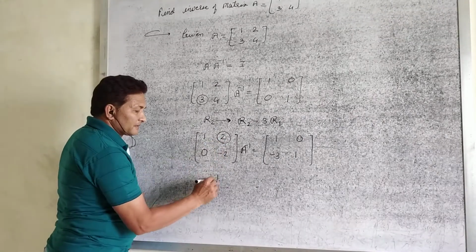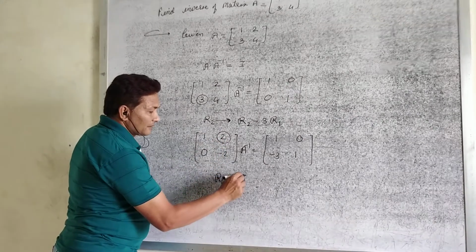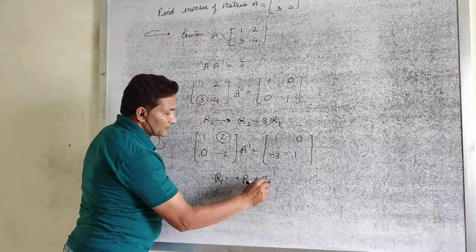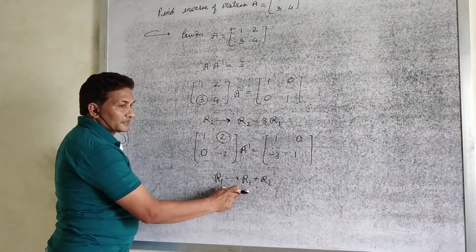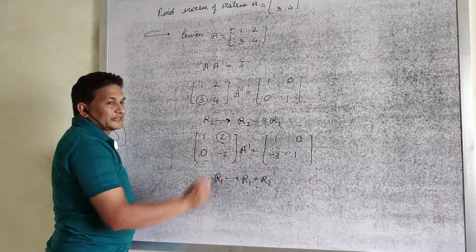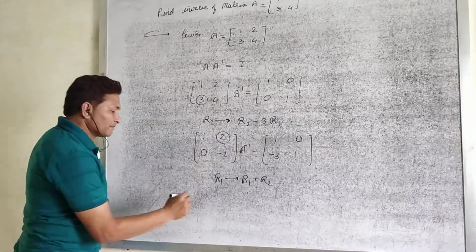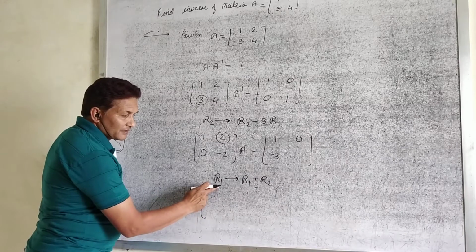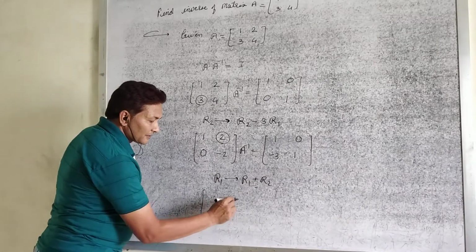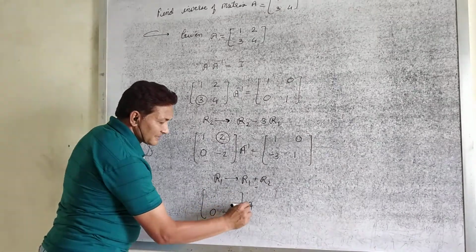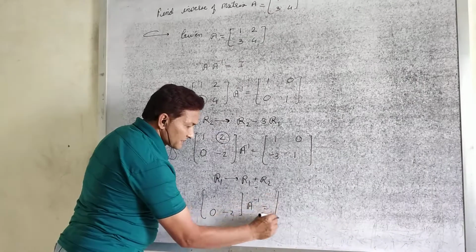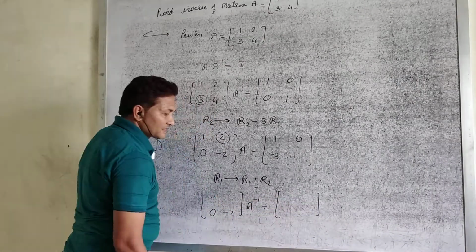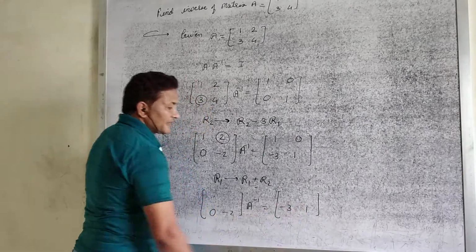Because it is simple, R1 changes to R1 plus R2. If this operation is taking place, we get 0 in place of 2. So therefore we get here, we are changing R1, so second row R2 is as it is. Again the same operation must be followed on the other side, minus 3, 1 as it is.